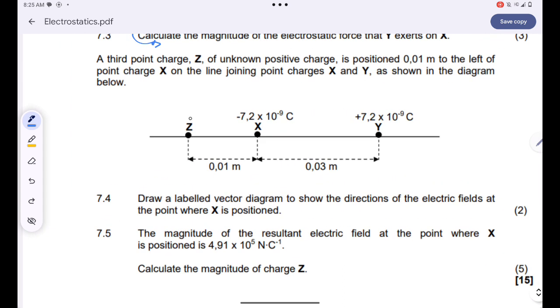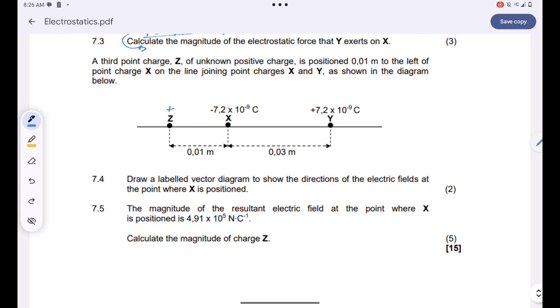We now know that Z is positive, and it is positioned 0.01 meters to the left of X on the line joining X and Y. Firstly, they want us to draw a labeled vector diagram to show the directions of the electric fields at the point where sphere X is positioned.